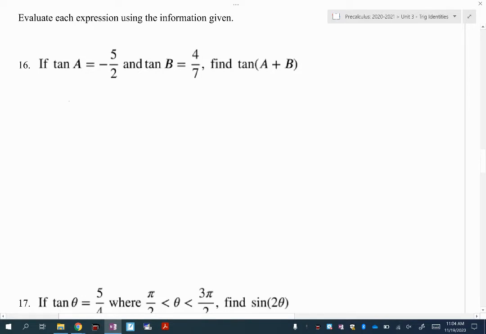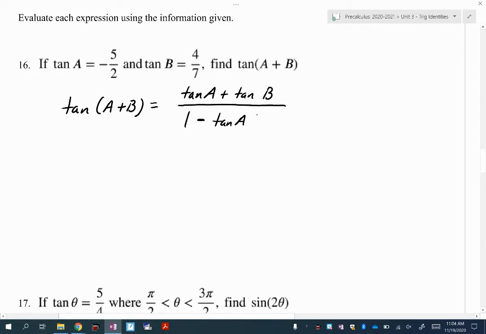Well, let's just write down the formula for the tangent of a plus b. All right, so again, you're using your formula sheet here, which is the tangent of a plus the tangent of b over 1 minus the tangent of a times the tangent of b. Now, this problem, I hope you see, we already have all this information.